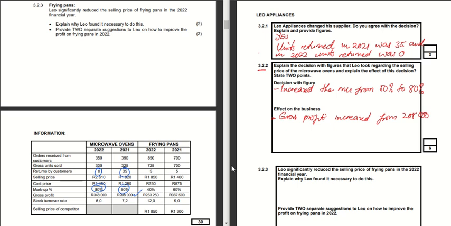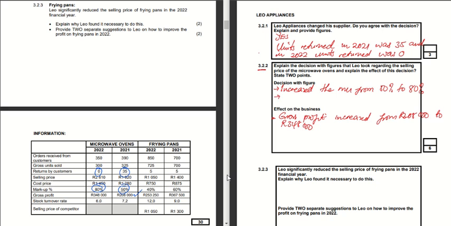Your gross profit is increased from 208,000 to 348,000. There are other ways you could have shown this: that the gross profit is increased, then you take the difference, which is 148,000, or you can give it as a percentage. So this is decision number 1.